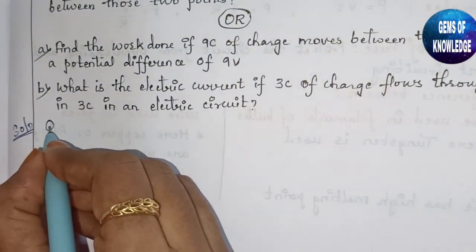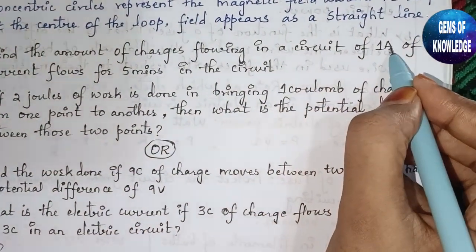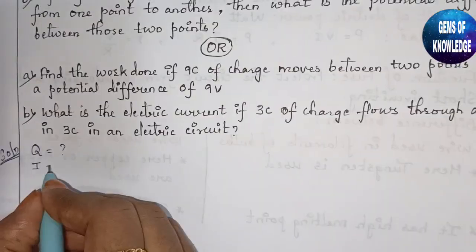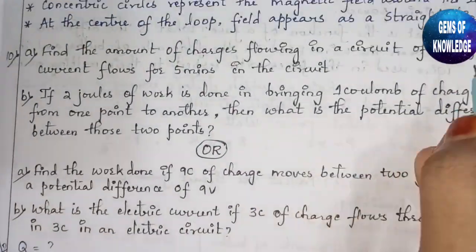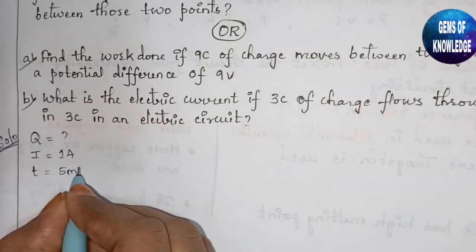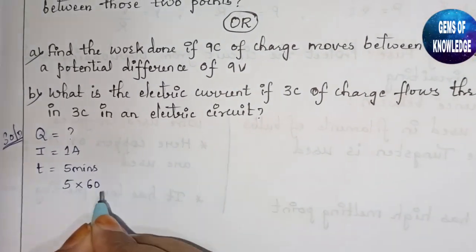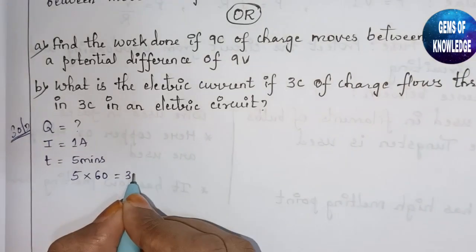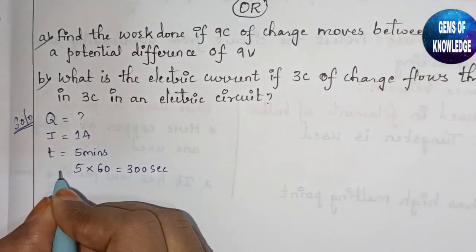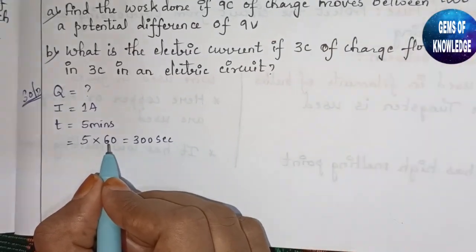We have to find Q. They have given I is equal to 1 ampere and T is equal to 5 minutes. 5 minutes is equal to 5 into 60, that is 300 seconds. We have to convert minutes into seconds by multiplying by 60.